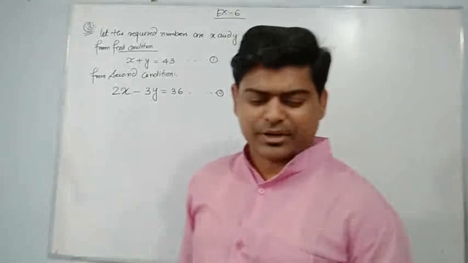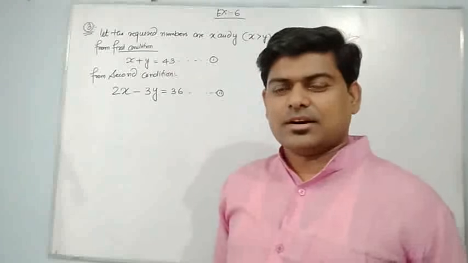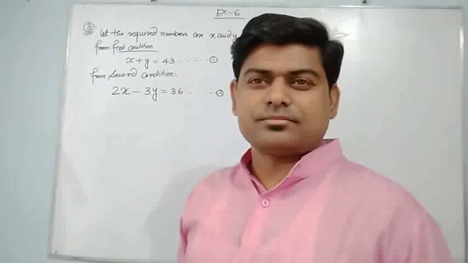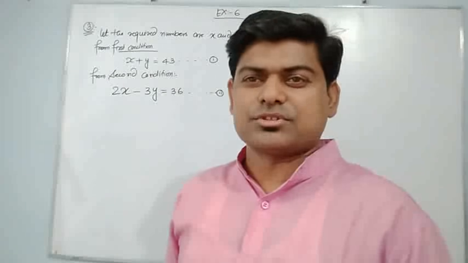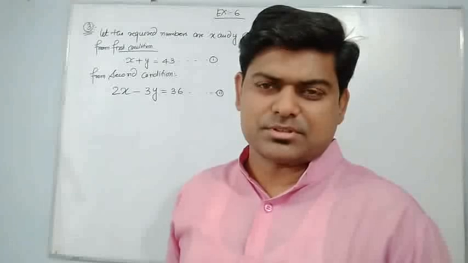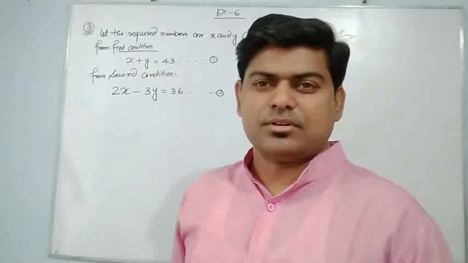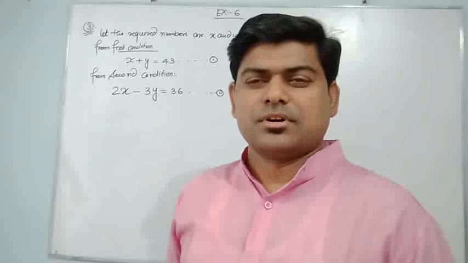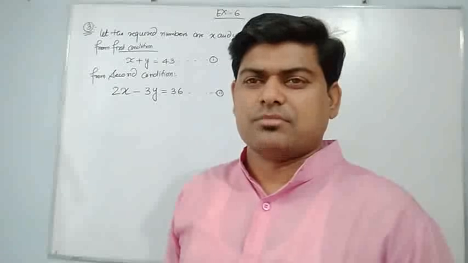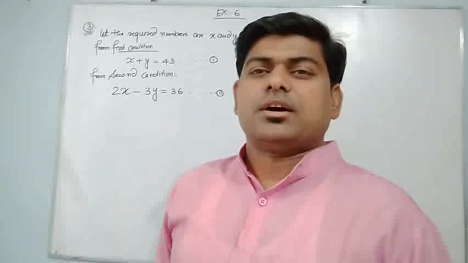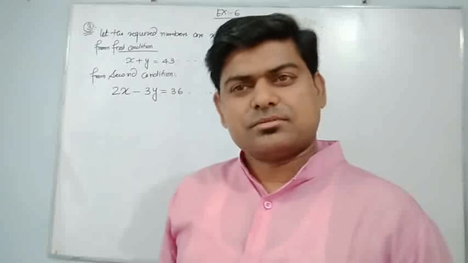Now tell me, my dear students, after getting these two equations, can you solve easily or not? I think you can solve, because we have already done so many questions previously. But still I am going to complete this question, because some students may have some problem with the different methods.